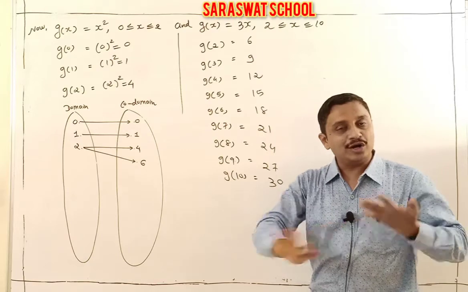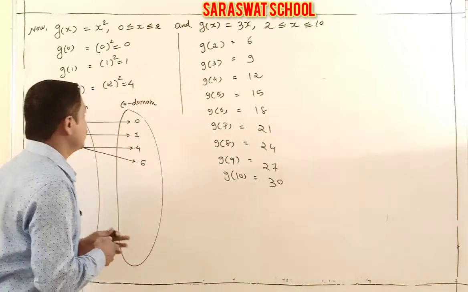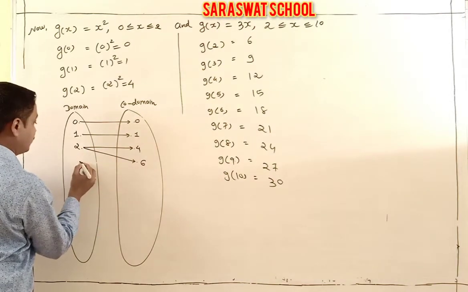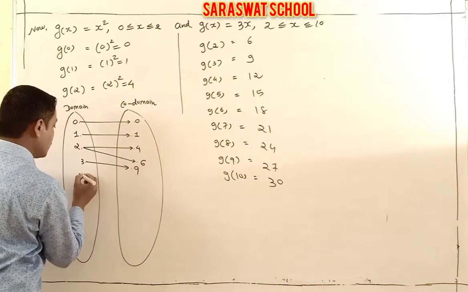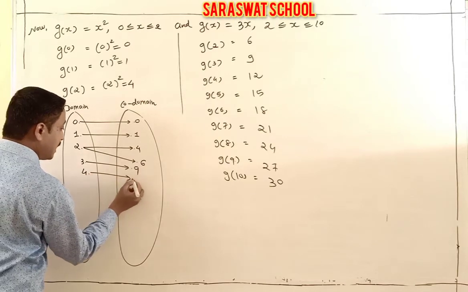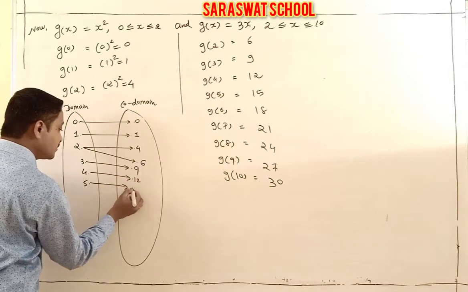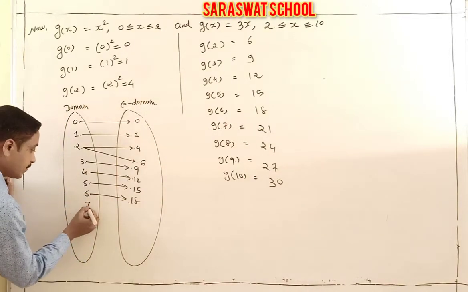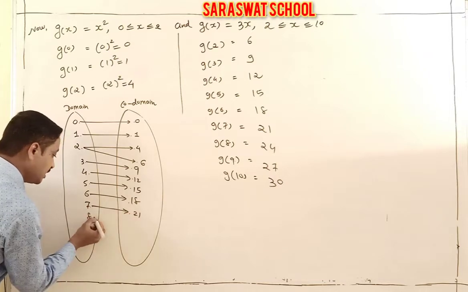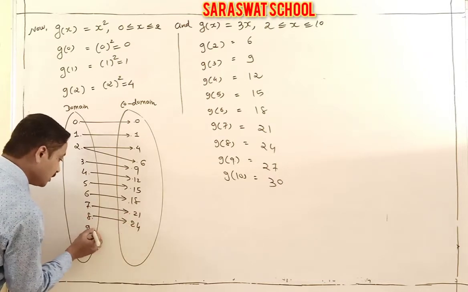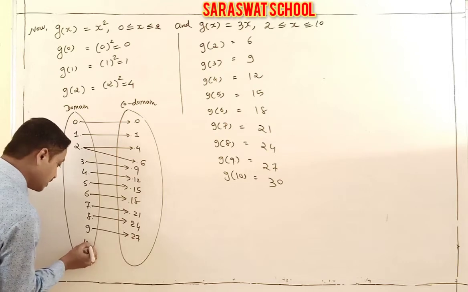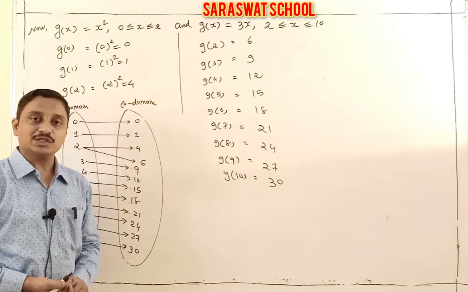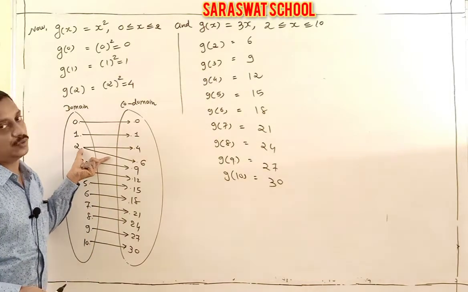No, it is not a function. So continue: 3 then 6, g(2) 6, g(3) 9, g(4) 12, 5 15, 6 18, 7 21, 8 24, 9 27 and 10, it is 30. These values all are uniquely associated, but only these two are not unique.